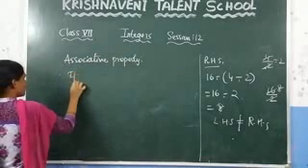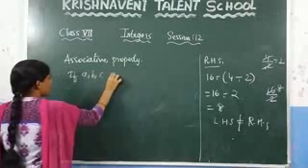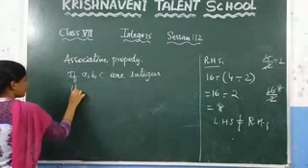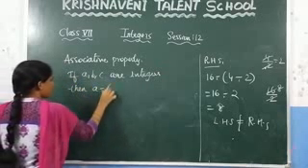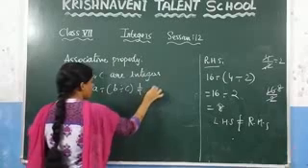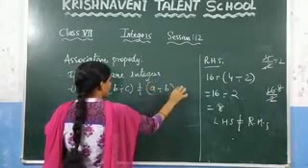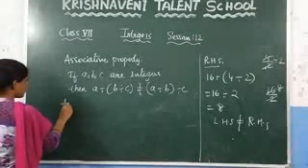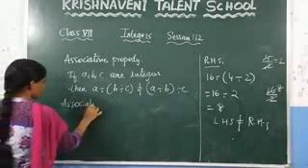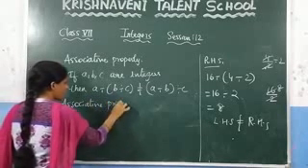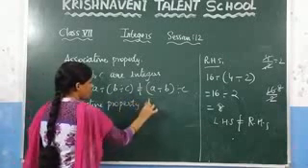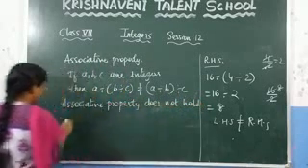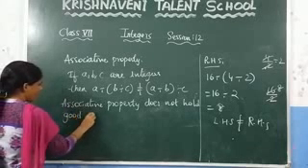Therefore, if A, B, C are integers, then A divided by B divided by C is not equal to A divided by the quantity B divided by C. From this you can state that the associative property does not hold good under division.